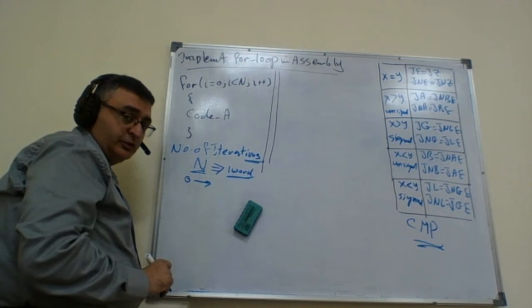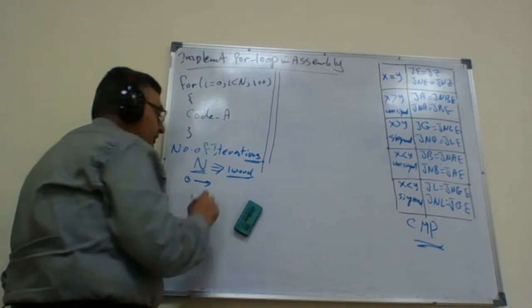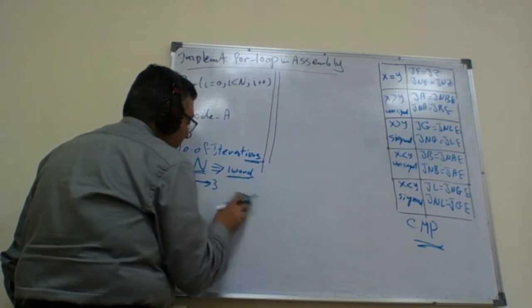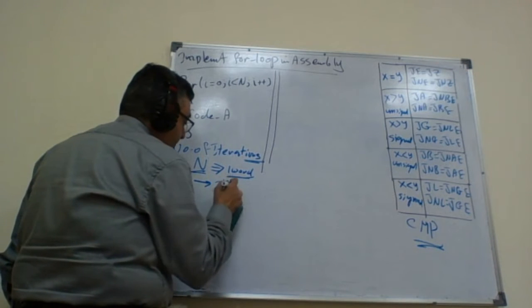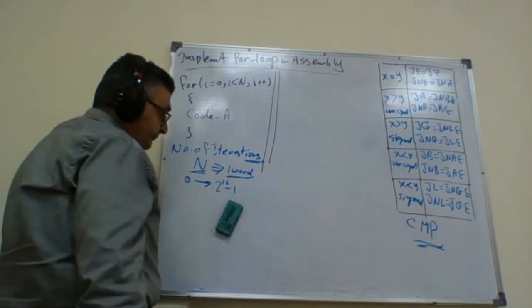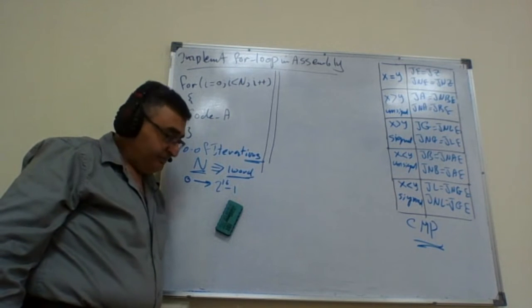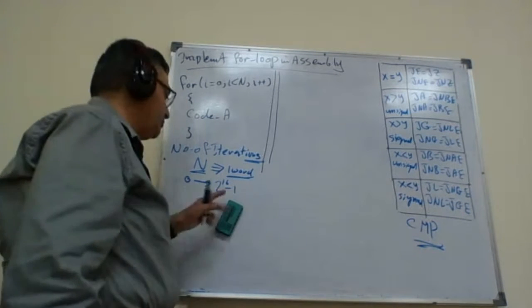How much is the word? It's 2 to the power 16 minus 1, some very big number, which is 64k minus 1.